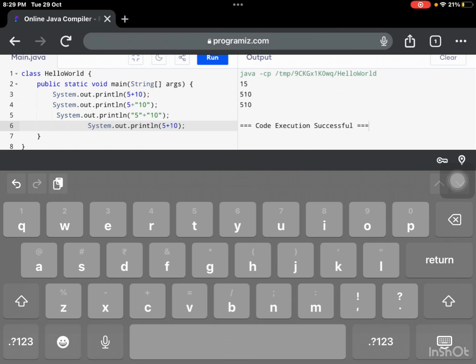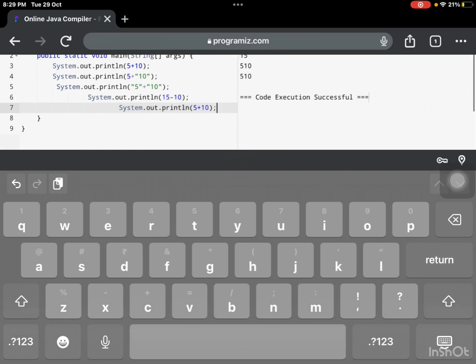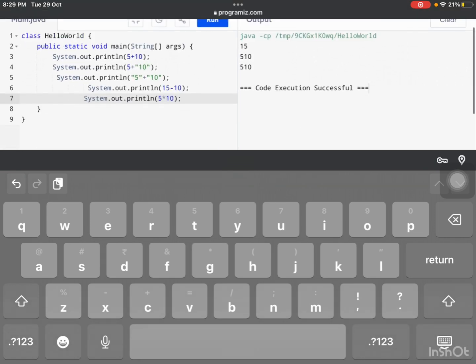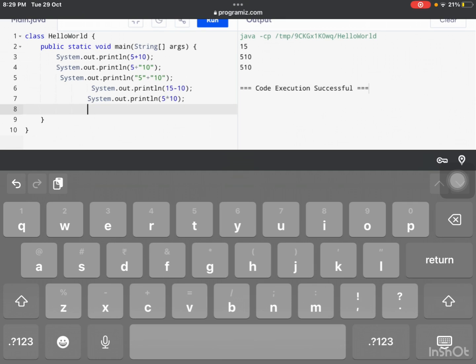Then let's see minus. 15 minus 10, as we expected the output is 5. Next, 5 into 10. What will be our expected output? 50.